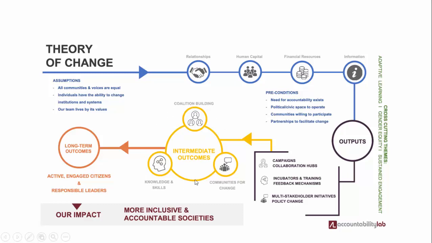Once all these are in place, you get responsible leaders, active, engaged citizens, and finally you get a more inclusive and accountable society. So a theory of change, as you can see, there are diagrams, but it has all these linkages in a simplified manner that shows you how you can get a more inclusive and accountable society.